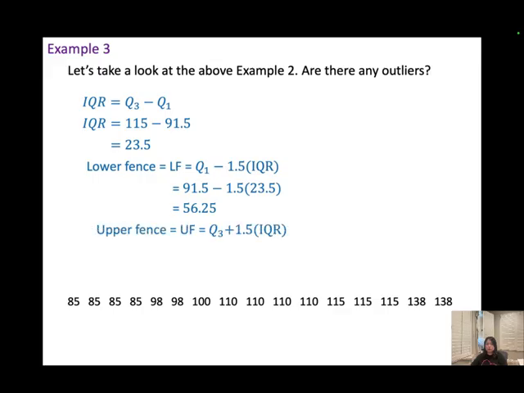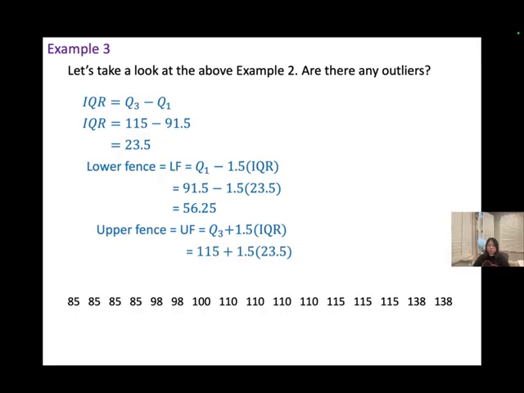How about the upper fence? That will be Q3 plus 1.5 times IQR. So plug it in, and you're going to get 150.25.